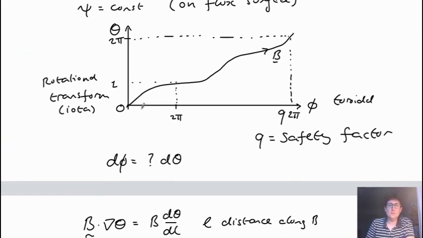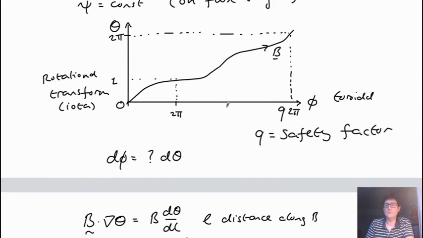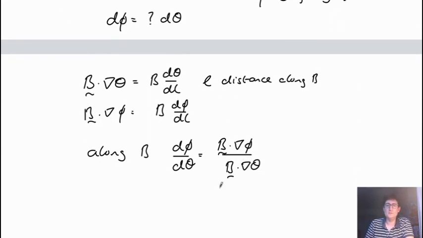You can see that along this magnetic field curve, the toroidal angle is a one-to-one mapping with the poloidal angle theta, so phi is just a single function of theta, and you can just integrate this equation to calculate the change in phi as you move a distance in theta.